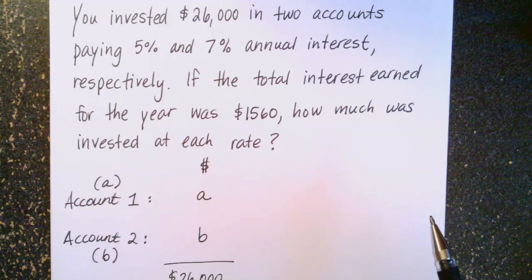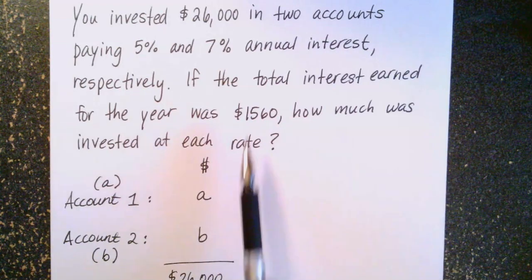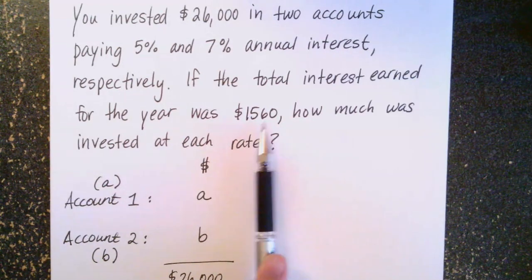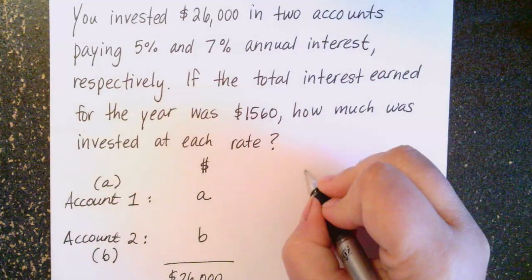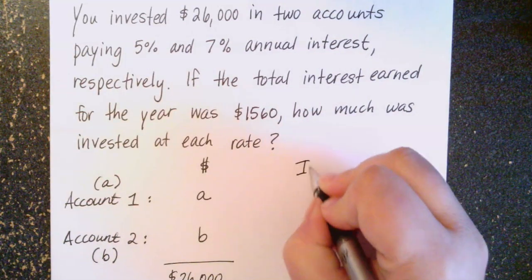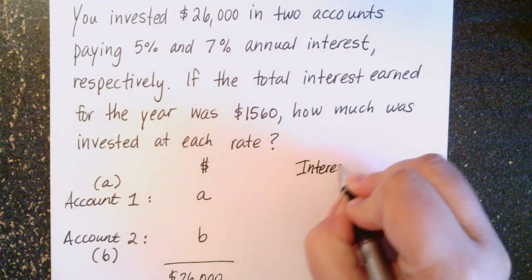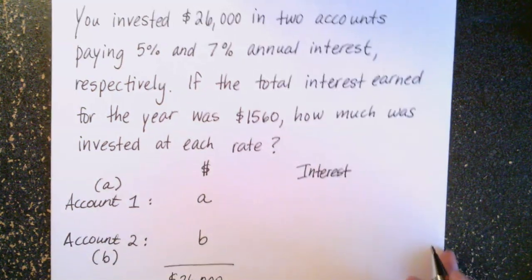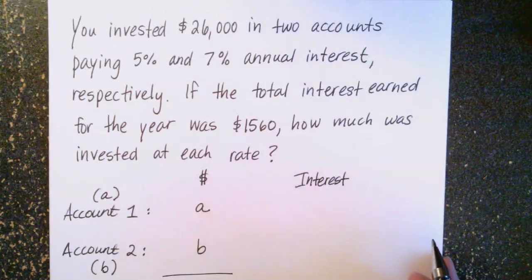So the total interest is $1,560. That's not a percentage. That's the amount, the actual money that came out of the interest from both accounts.